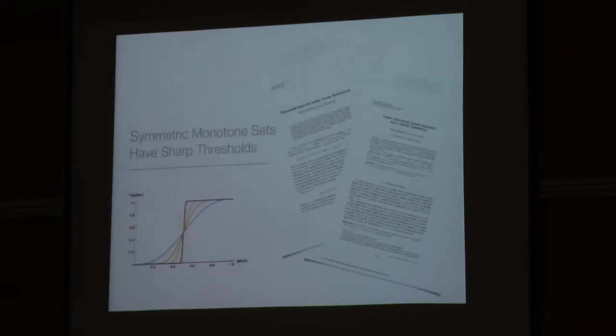Good. So now this is very similar to what we just talked about, but it's a slightly different version, okay? What I said before was that we had a set. The set was monotone, and we had some condition on the boundary points, on how many neighbors they had, okay?